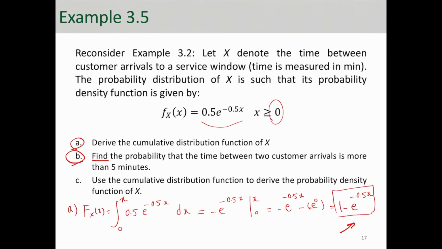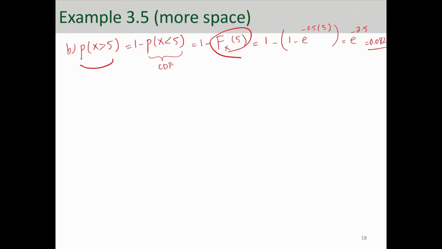And part C of this problem is asking us to use the cumulative distribution function to derive the probability density function. Well, this is just to remind you that we use the PDF function here to find the CDF. Now, if you want to do it the opposite way, use the CDF to find the PDF, you would have to take the derivative.